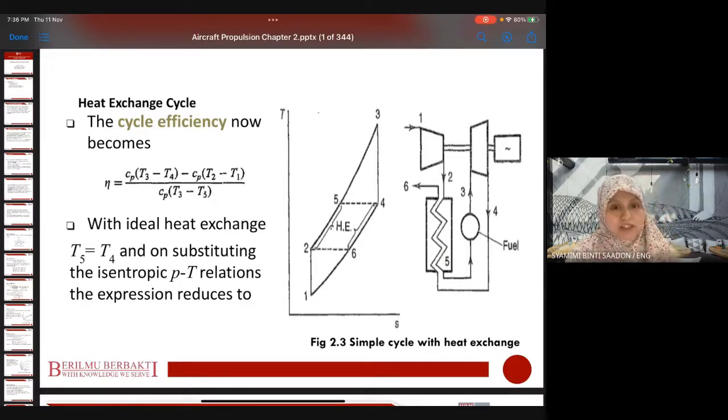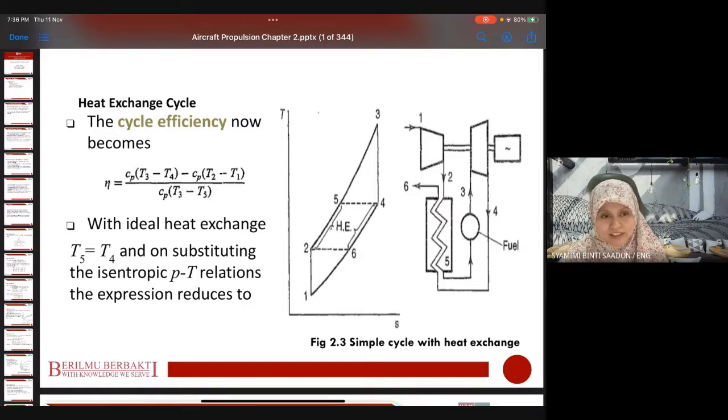The first one is that we add a heat exchanger after the compressor, after state 2, before the combustion chamber.